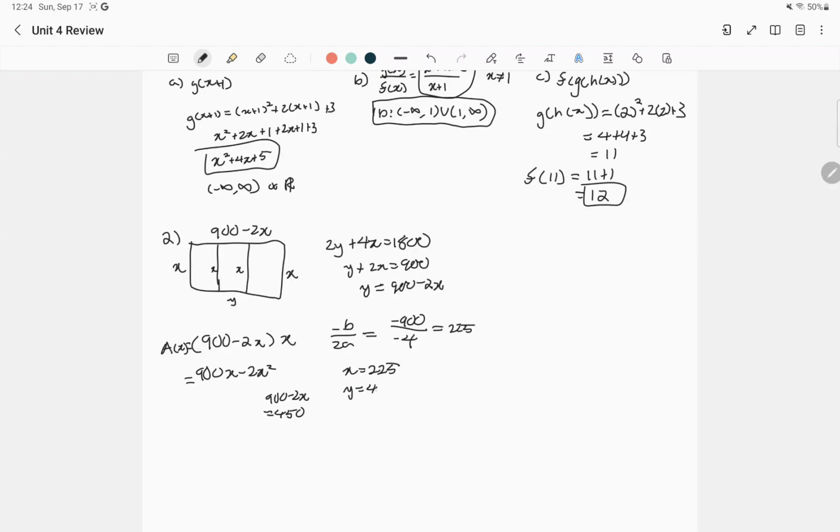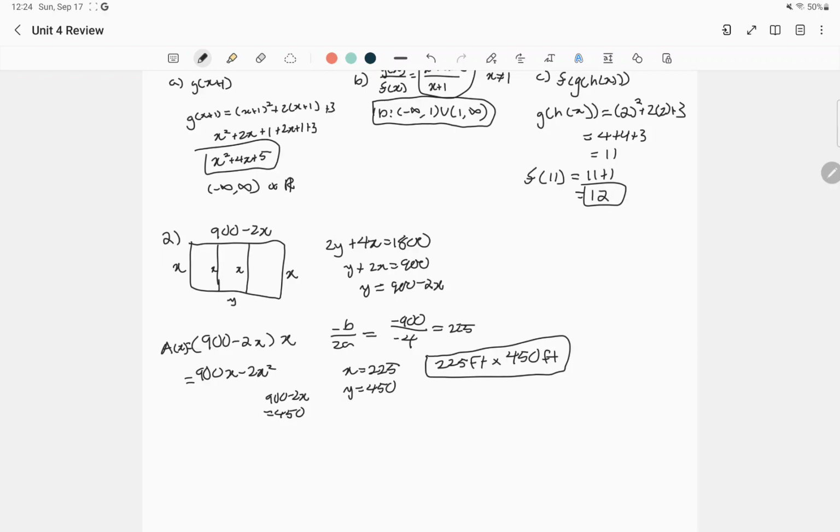So y equals 450. So our final is 225 feet by 450 feet. And these are all we need because it's only asking for dimensions, and we do not need the area, so that is really nice.